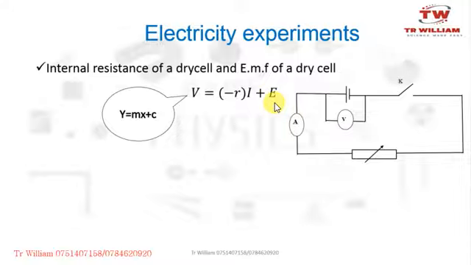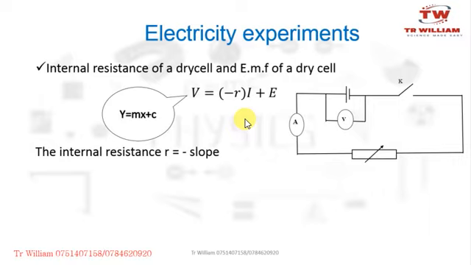So, we see that if a learner plots V against I for a dry cell, of course, you'll be varying using a rheostat. You can see that the slope of that graph will be the internal resistance of the dry cell. Okay, so it is negative because it will be a negative slope.